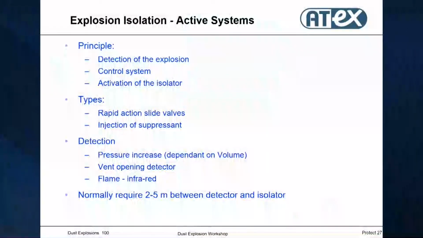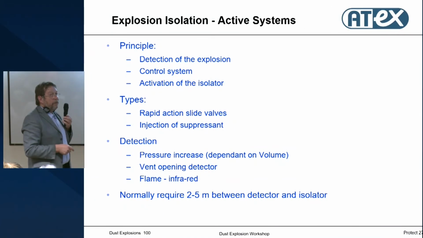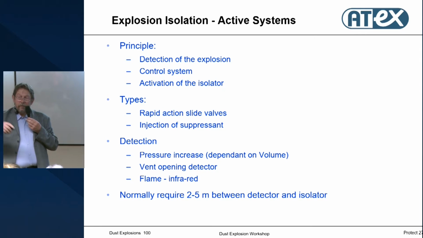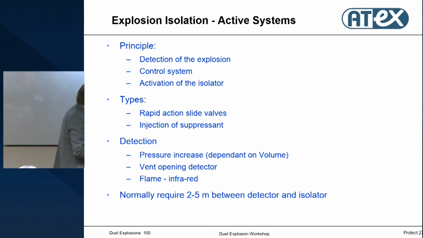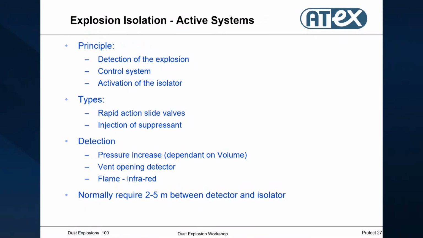That can be pressure detection, as we use for explosion suppression, but it can also be an indicator for vent opening, or infrared flame detection. Normally, you require 2 to 5 meters distance from the first volume to safely isolate the explosion from propagating into the second volume.